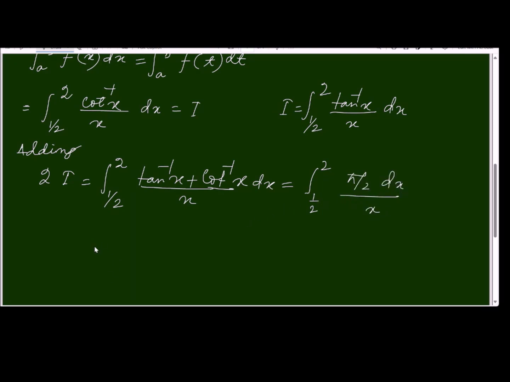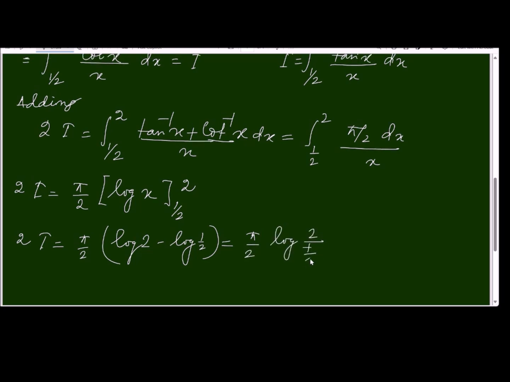And dx over x, this integral is log x. So twice I equals pi by 2 log x, the limit is half to 2. Twice I equals pi by 2 (log 2 minus log half). This is equal to pi by 2 log (2 over half). 2 over half will be 4 only.